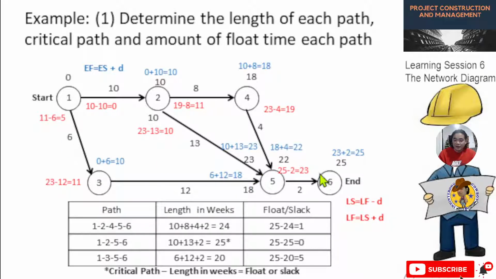Going to this last activity, on this side, for activity 1 to 3, the duration of this activity is 6 days for the completion of this activity. Then after this one, 3 to 5, the duration is 12 days. Now we have three activities coming to activity 5 to 6, the end of your project.